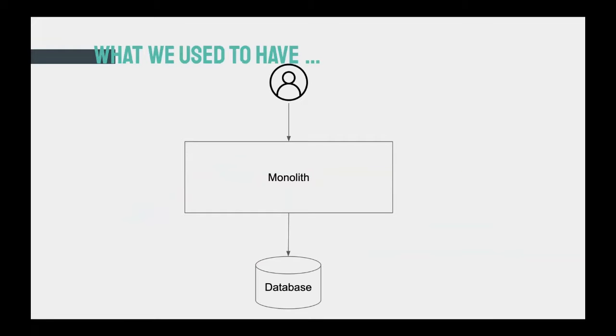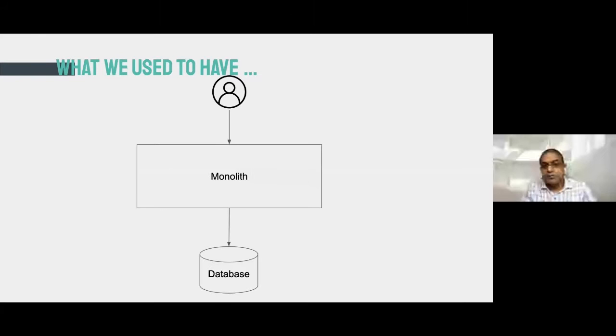Okay, so most of the products or most of the companies began their journey with monoliths, right? That is okay. It is okay to begin with a monolith if you are a startup or doing a prototype of your product.